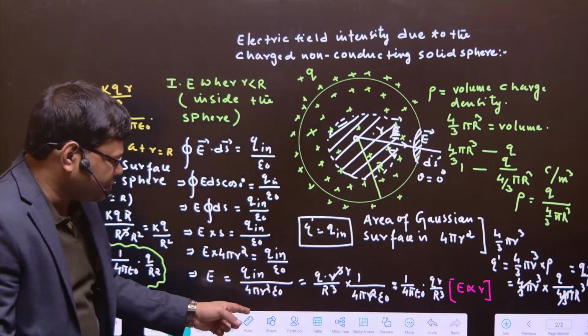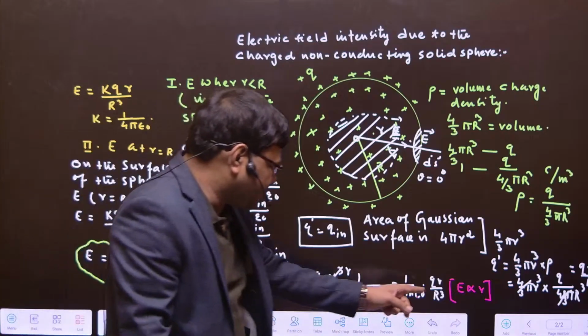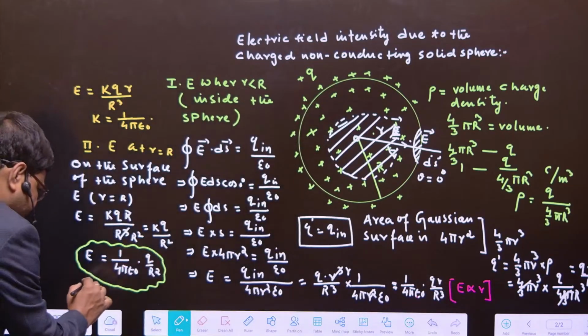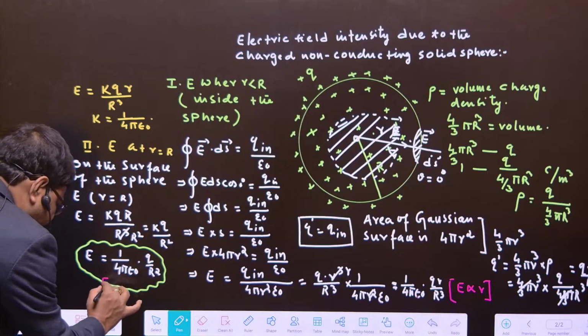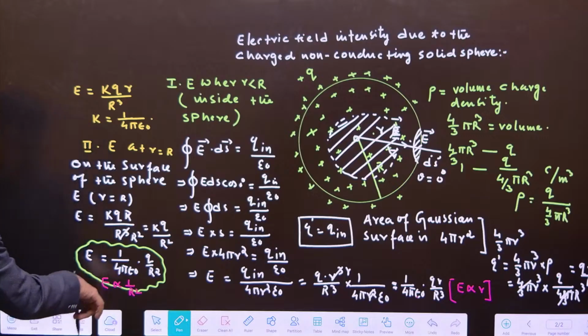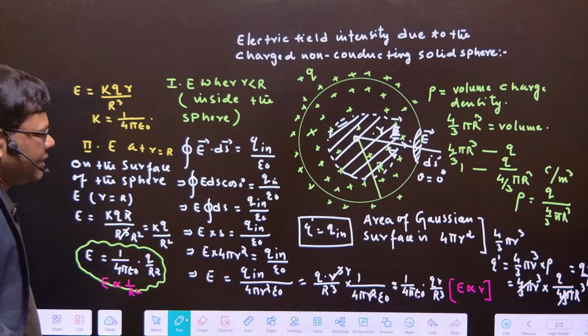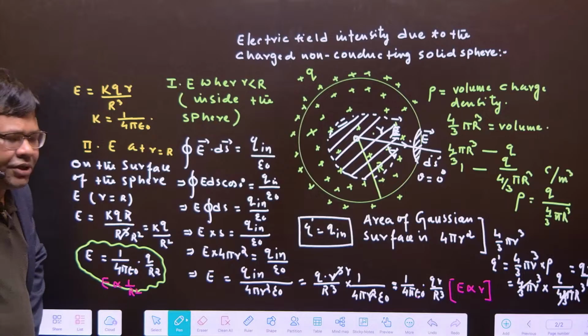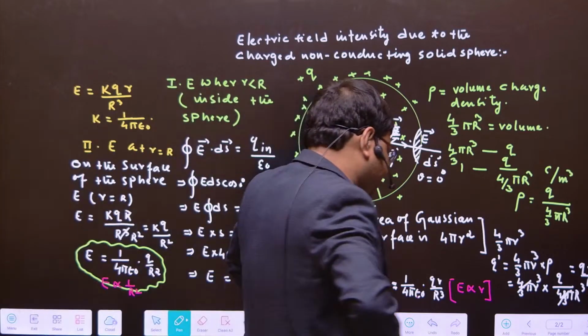But in this case, we see the electric field is inversely proportional to the square of the distance. So we have got two relations. Up to this, any problem to understand? Can I go to the next page? Okay, I am going to the next page.